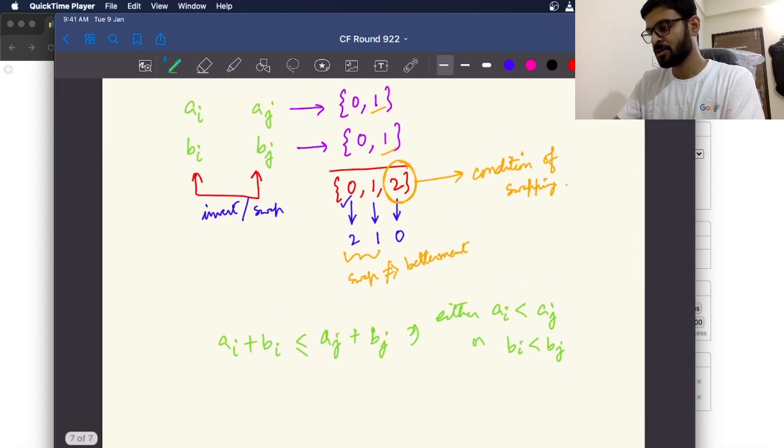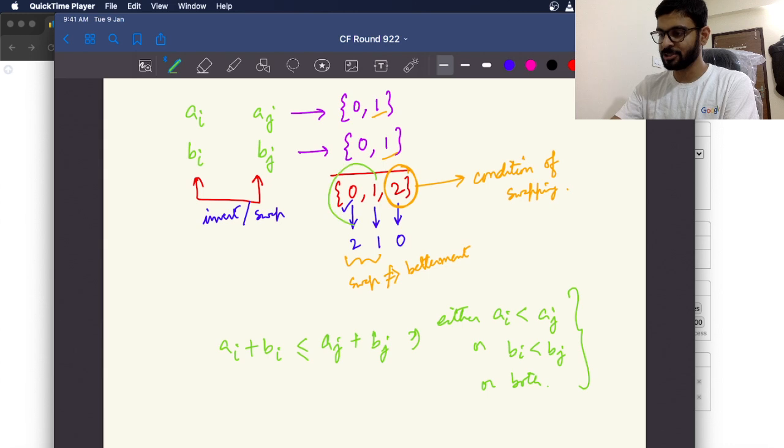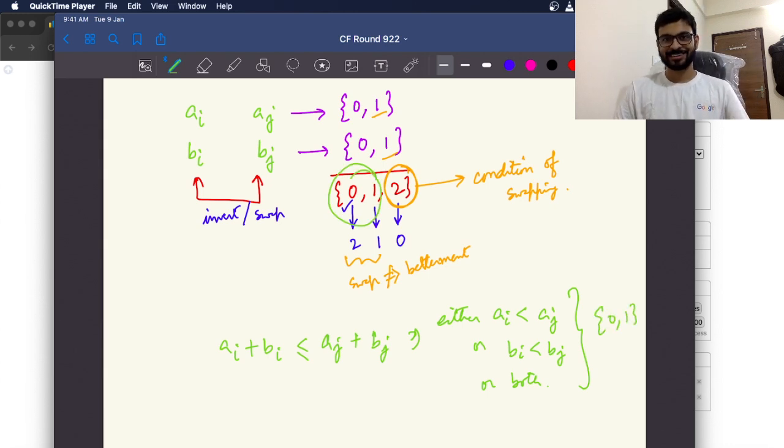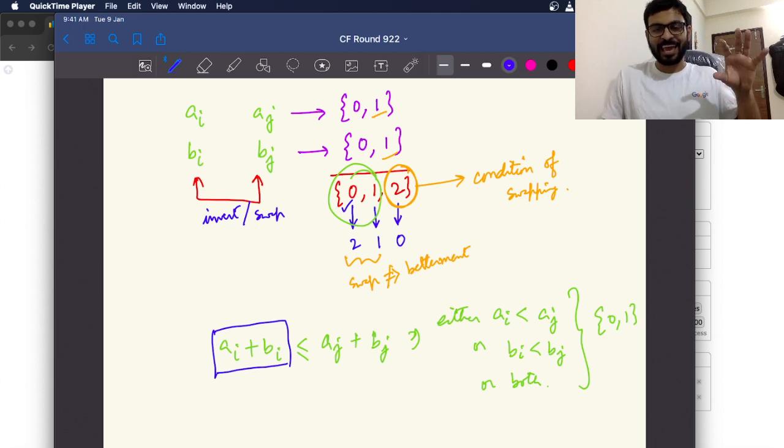Either one has to be, or both. And this means I'm falling in this particular range. This is the good range, 0 or 1, which means don't do anything. Which means this becomes my sorting criteria. That, hey, A and B together are getting difficult, so sort by positions.